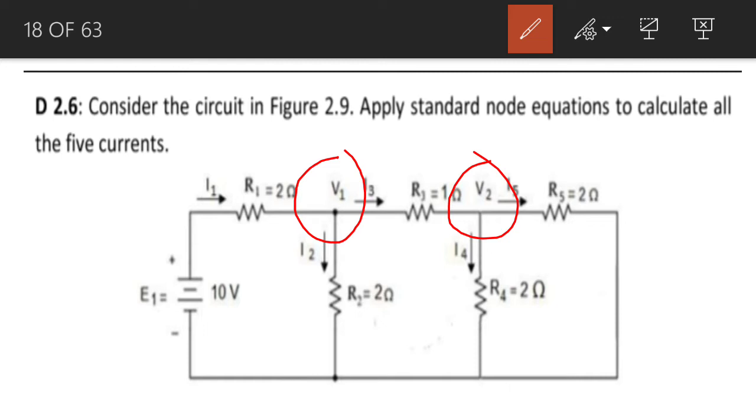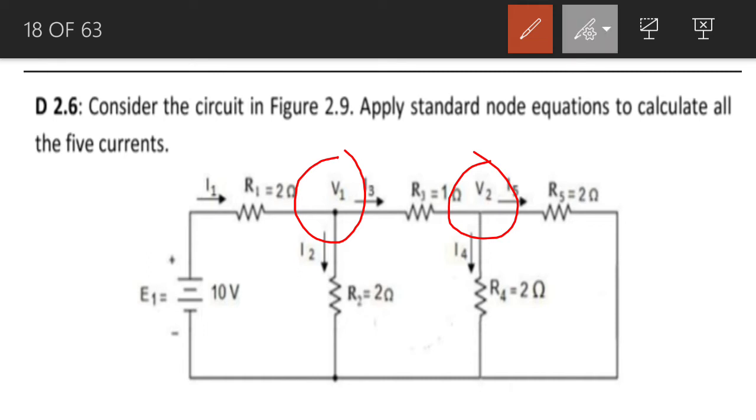We have already derived these standard node equations in the theoretical class. So we will use these equations directly to find out the currents I1, I2, I3, I4, and I5.